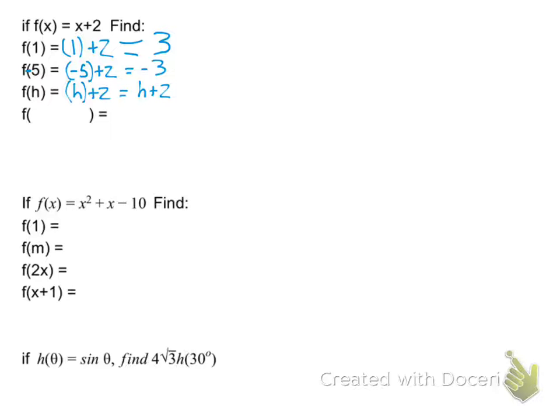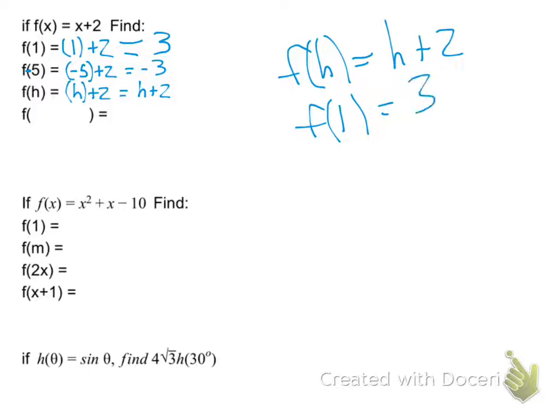You might see them actually write this as f of h is equal to h plus 2. They restate that if I put h into the function, it becomes h plus 2. Or if I do f of 1, it equals 3. The function evaluated at 1 is 3.